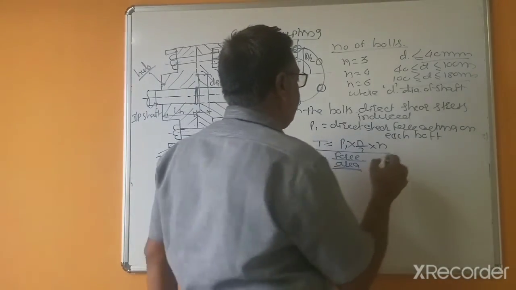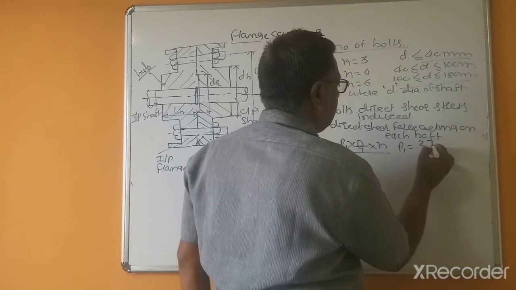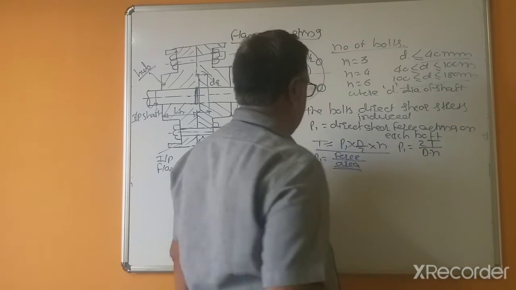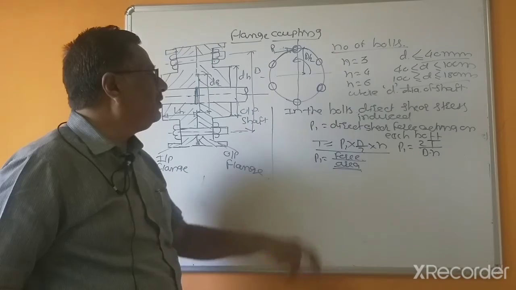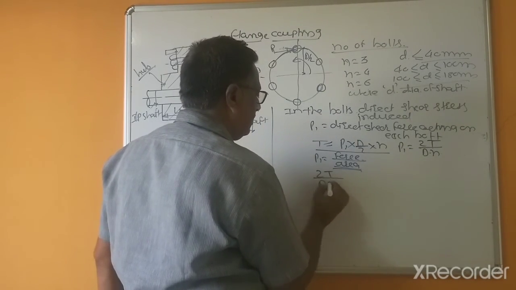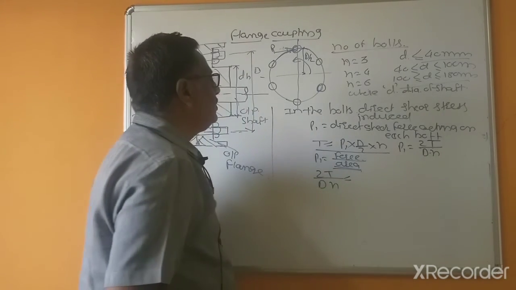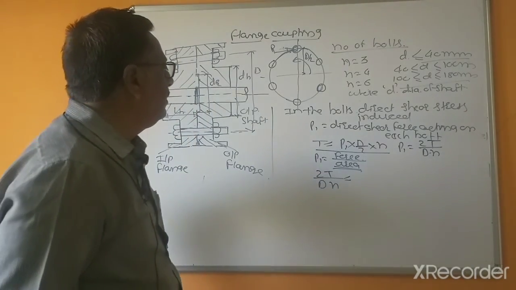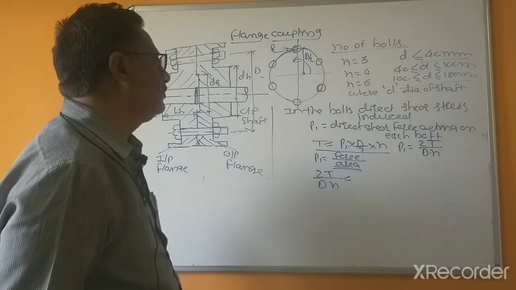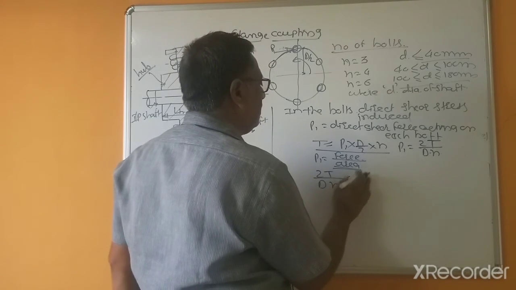By using this relation, you will get P1 equals 2T divided by D into N. Now P1 equals 2T divided by D into small n. Now this force which is acting is equal to P1, right?